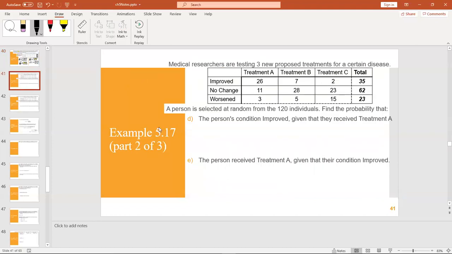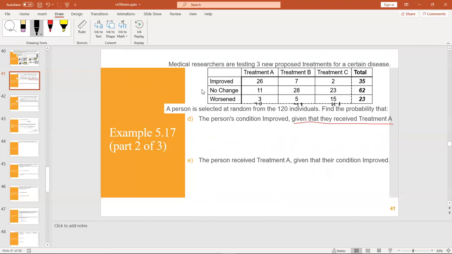All right, so what is the probability that a person's condition improved given they got treatment A? So the given is treatment A. All right, so treatment A, they told us it's 40 for each of them. So there's 40 there, 40 there, 40 there.